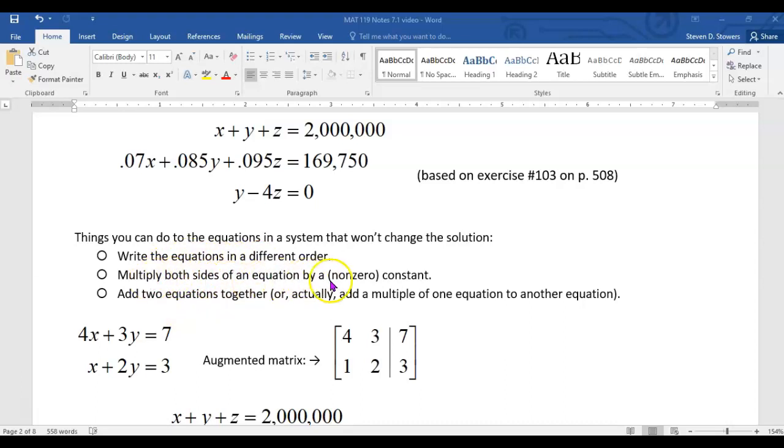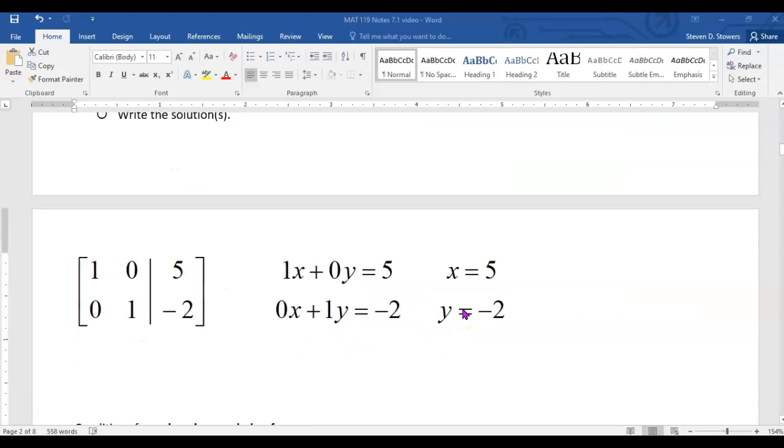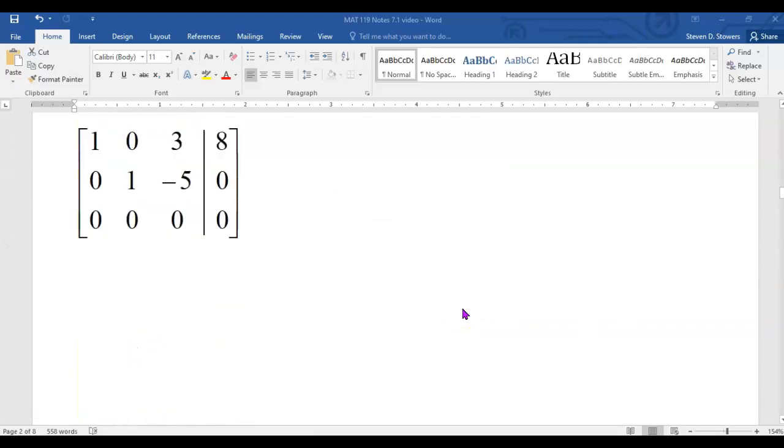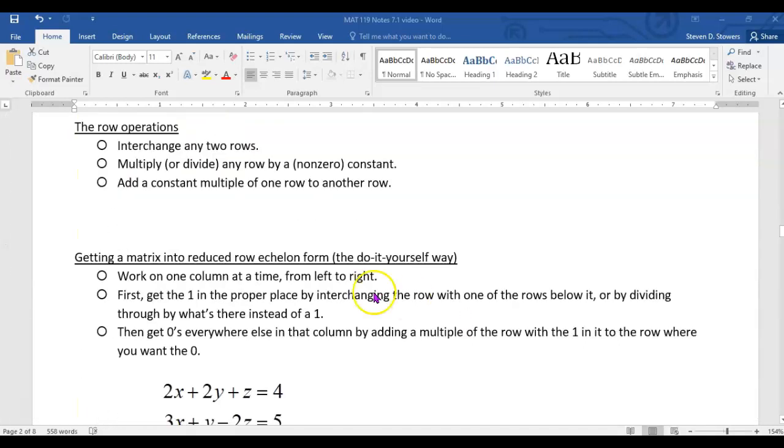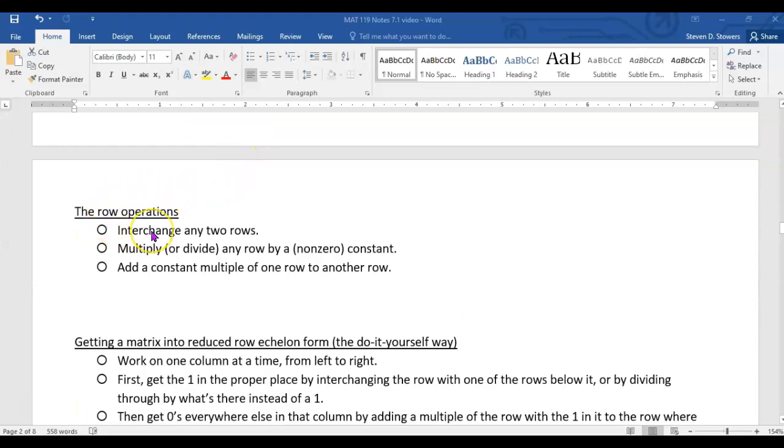You can multiply both sides of an equation by a constant, and you can add a multiple of one equation to another equation. Well, these row operations are basically those same things, but expressed in terms of rows of a matrix instead of equations in a system of equations.